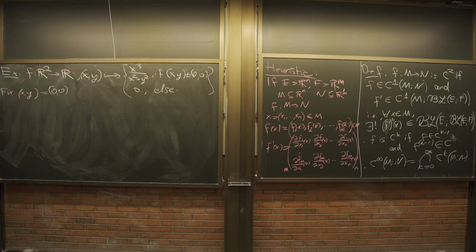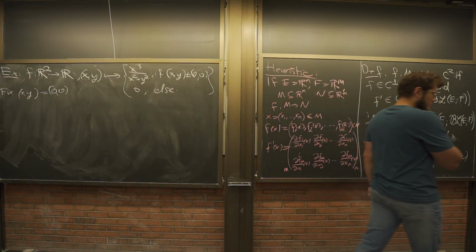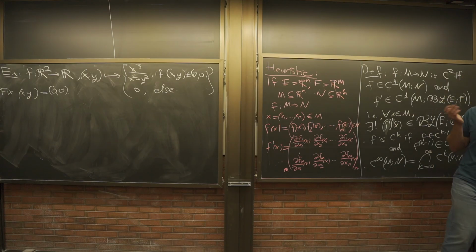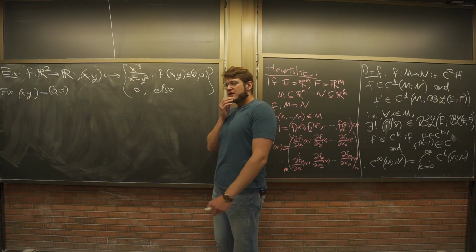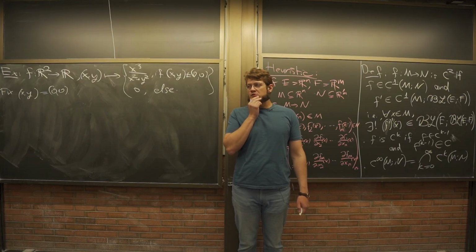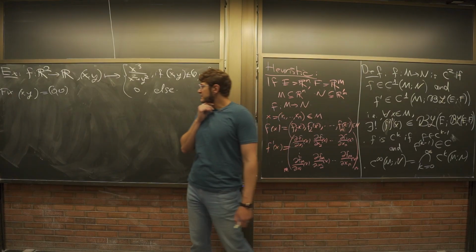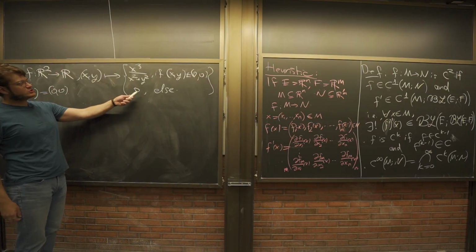First of all, before even asking about differentiability, you should ask about continuity, because we know that differentiability is going to imply continuity. So if a function is not continuous, then certainly it's not differentiable. Is this function continuous at 0? That is to say, if (x, y) converges to 0, does this expression converge to 0?